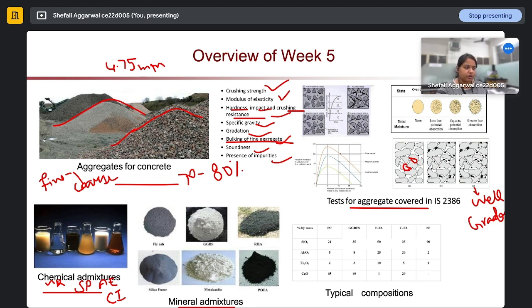Fly ash, which is already marketed as PPC cement, GGBS, silica fume, metakaolin, and different types of ashes, such as rice husk ash. These are the mineral admixtures used as cement replacement.